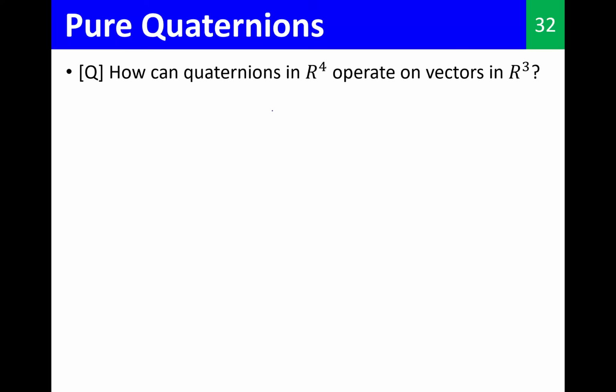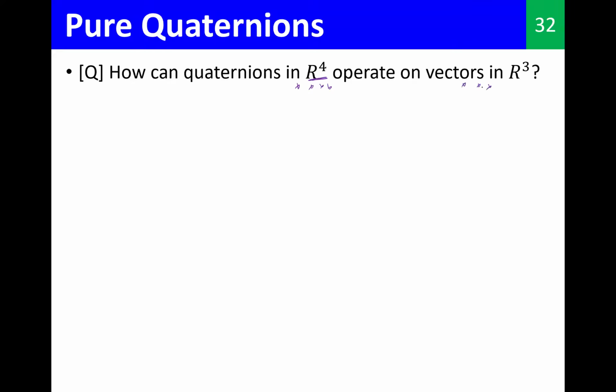Okay. So what we need to do is, okay, there is this object called quaternion in R4. That is, there are 4 elements, right? So we want to use this quaternion and operate it on a vector in R3. It is like a 3-dimensional vector, right?